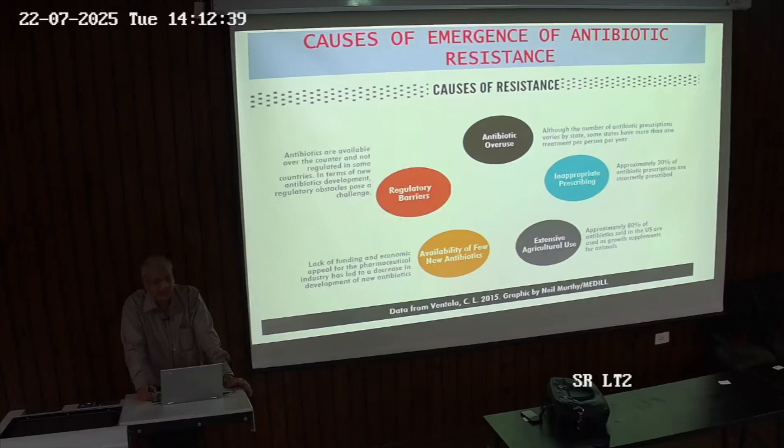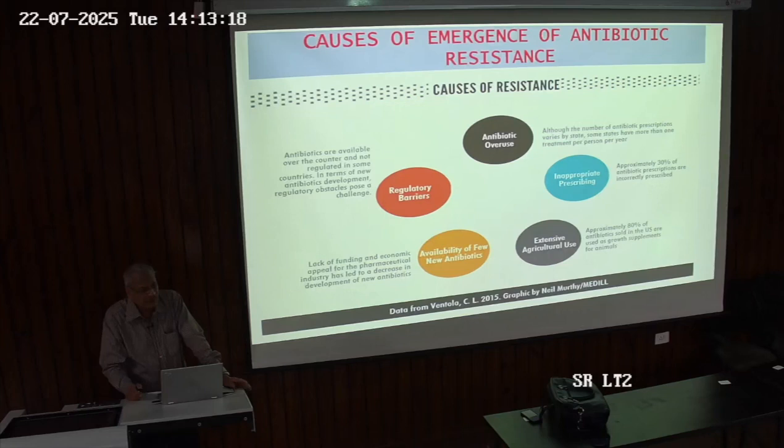Extensive agricultural use of antibiotics in cattle is again important, because these antibiotics would pass into the cattle milk and would induce resistance in the population consuming the milk which has been infiltrated with these antibiotics. So overuse of antibiotics in cattle is again very important.